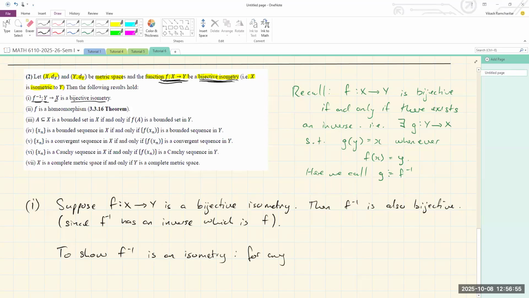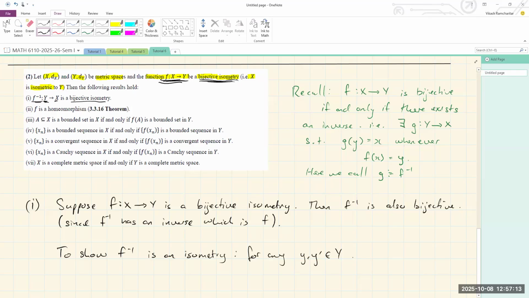Now remember, f inverse goes from y to x. So I need to take any 2 points in the domain of f inverse. So any 2 points, y and y prime, belonging to y.